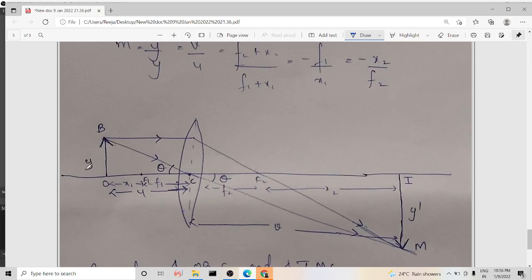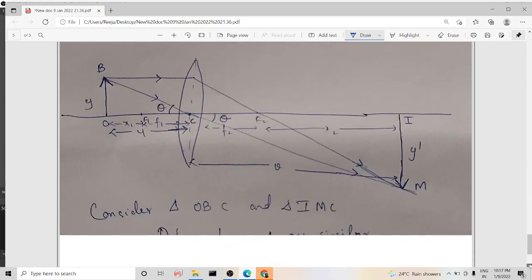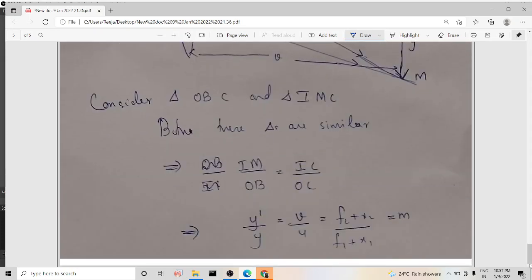OB is y and OC is u. Y by u is equal to y dash by this total distance is v. This is v here. So y dash by v. So when you rearrange, what do you get? Y dash by y, that is magnification, y dash by y is equal to v by u equal to f2 plus x2 by f1 plus x1.